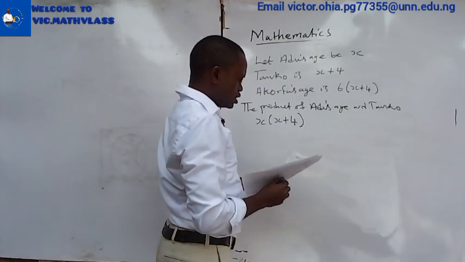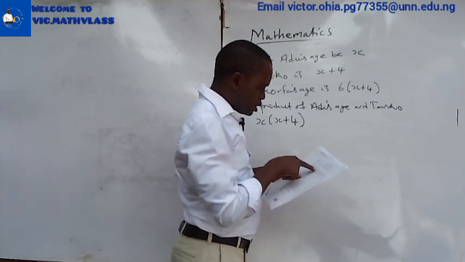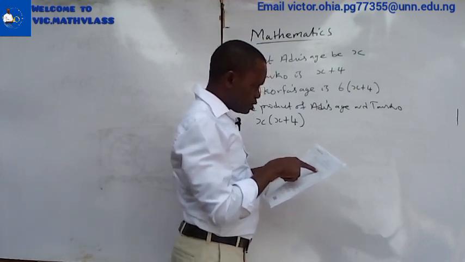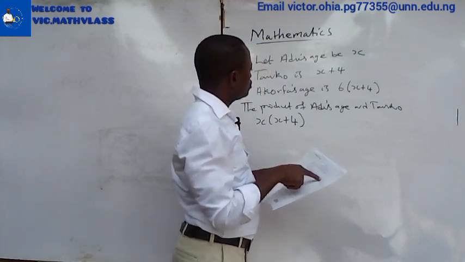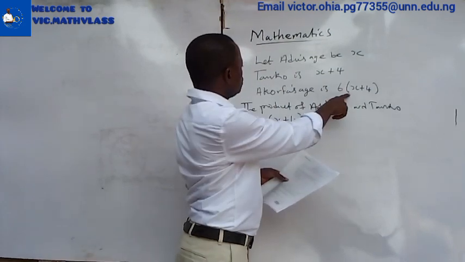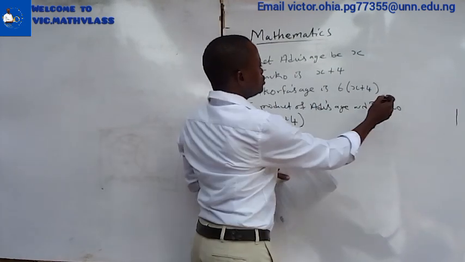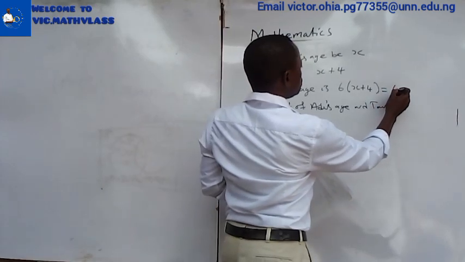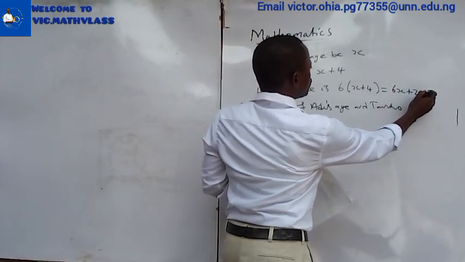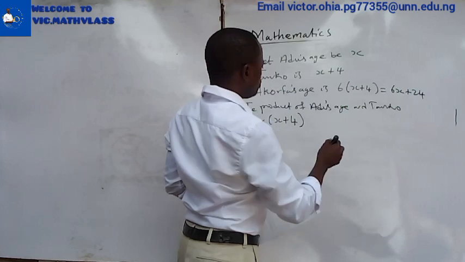But there is a statement made again here that the product is 9 less than Akofa's age. Question: what is Akofa's age? Then Akofa's age is this. You can extend this to be 6x plus 24, when you open that bracket.